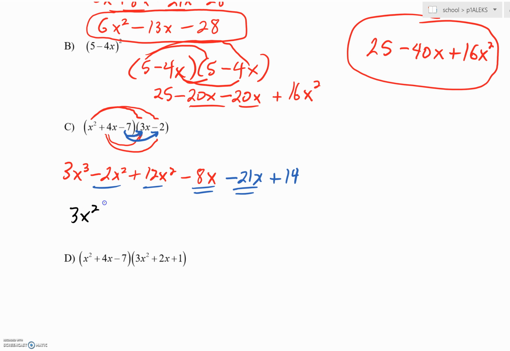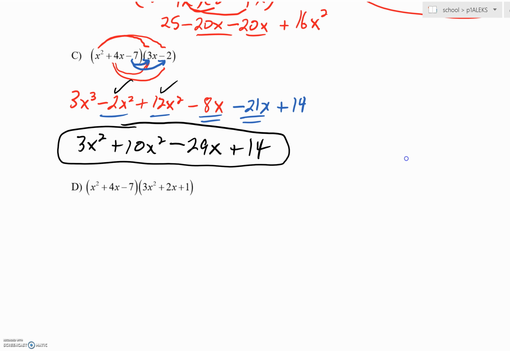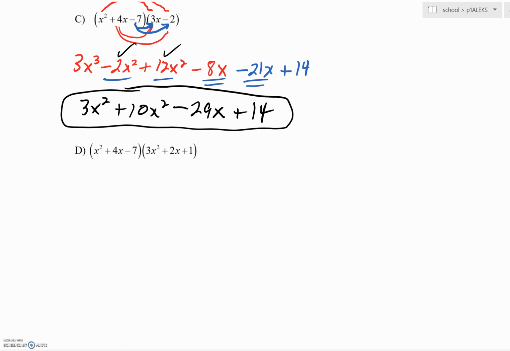You can see that the x squared terms, negative 2 and 12, would add up to a 10, so that's a 10x squared. And a negative 8 and a minus 21 would get you a minus 29x. And there are no other like terms to put together. You're done. Our last problem of the day is really the exact same thought process, the exact same strategy. It's just a tiny bit more complicated.